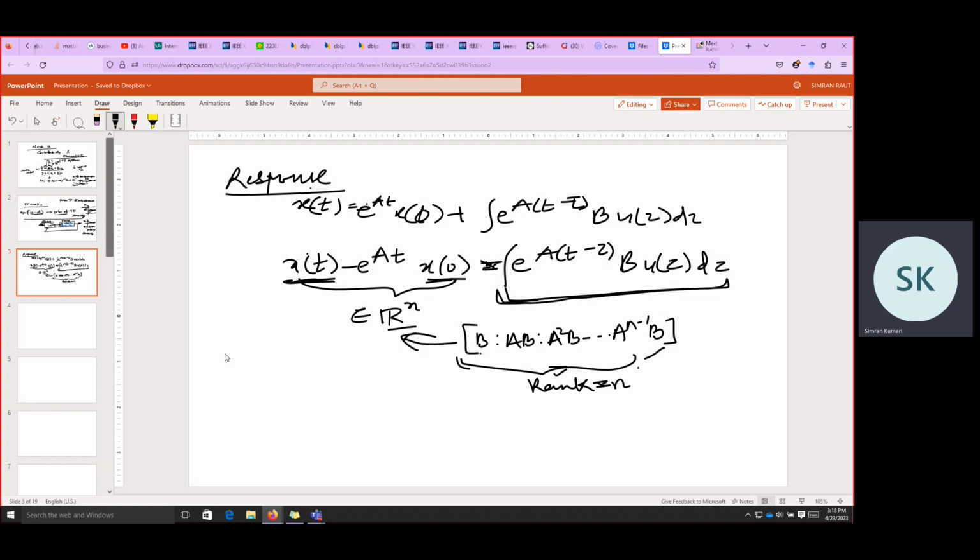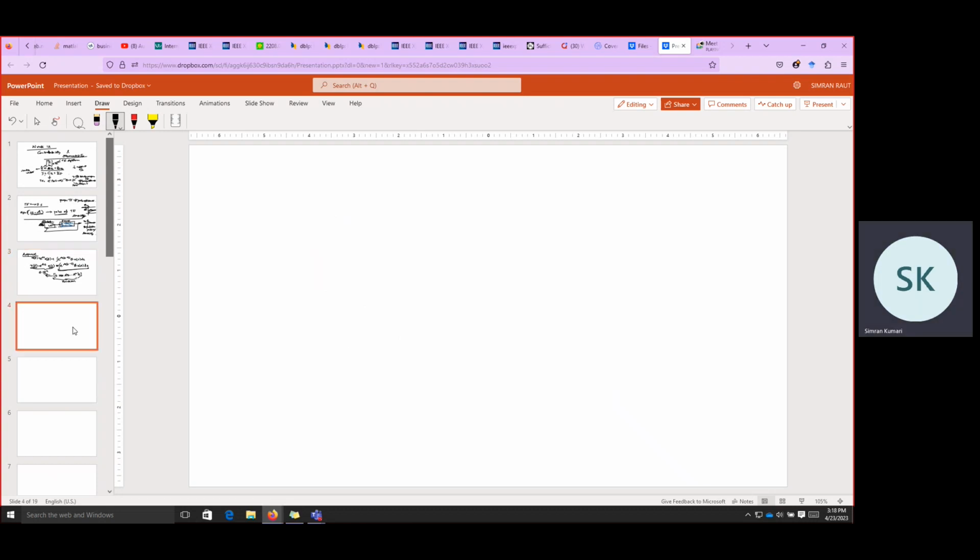If any of the states are not controllable, then the rank will not be equal to n. It should be less than n. In that case, the rank of C, which is the controllability matrix, is less than n.